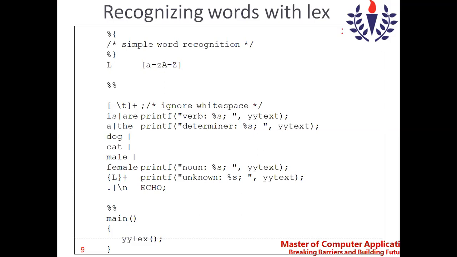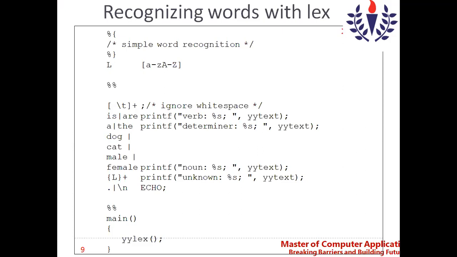For example, if you want to recognize a verb, you give the pattern as is or are. If you want to recognize a noun, you give something like dog, cat, male, female. If you want to recognize a determiner, you give a or the, and so on.